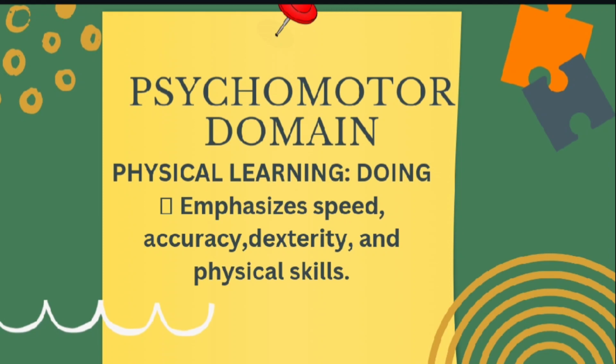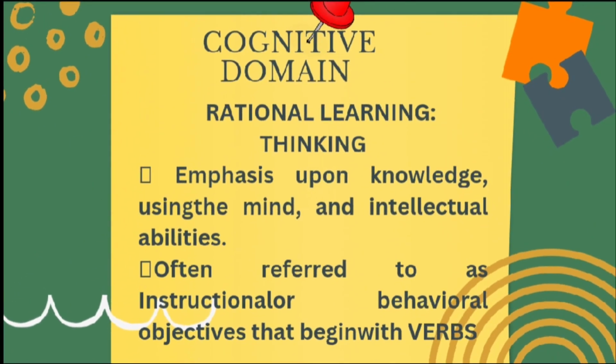Next, on Bloom's taxonomy of educational objectives, what do you think of when you hear the word taxonomy? What is taxonomy? Biological classification: kingdom, phylum, class, order, family, genus, species, variety.